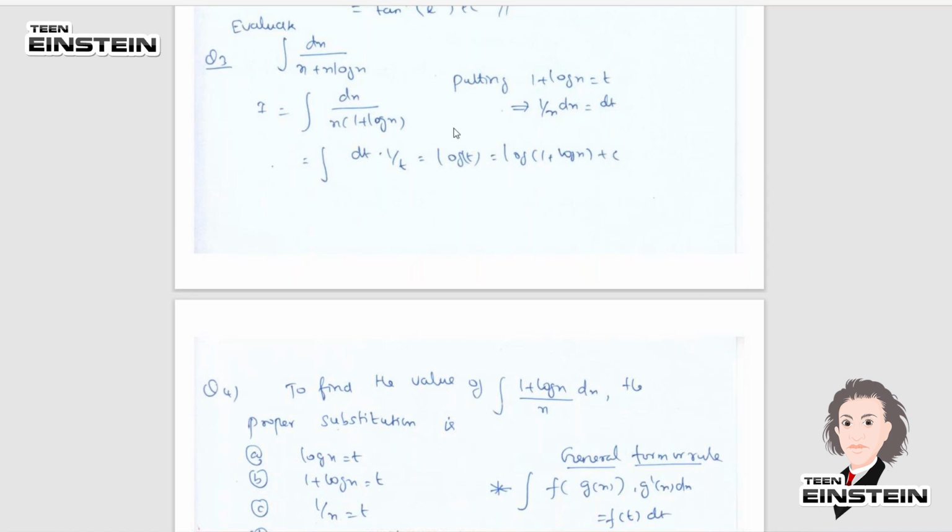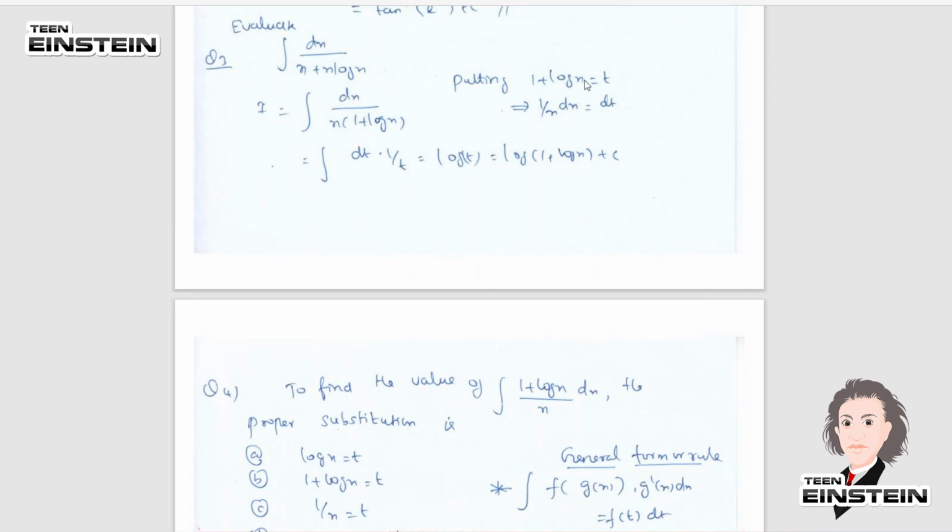Since the differentiation of log x is 1 by x, I have used the substitution 1 plus log x equal to t. Since I am having 1 by x here, I have taken 1 plus log x is equal to t. The differentiation of log x, 1 by x, is present in the integrand. That is why I have taken 1 plus log x is equal to t.